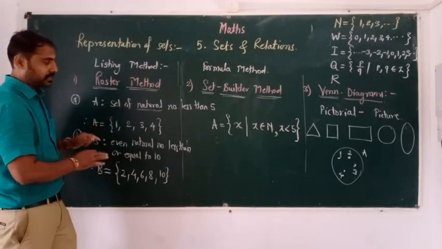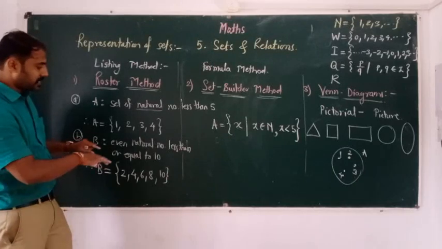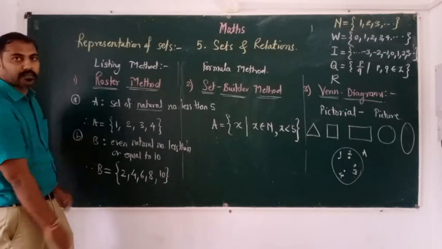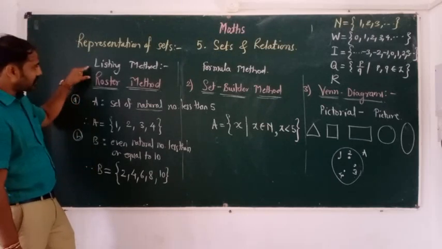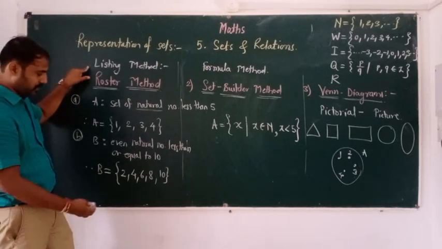I can't write 12 because 12 is greater than 10. So this representation is called the roster representation.